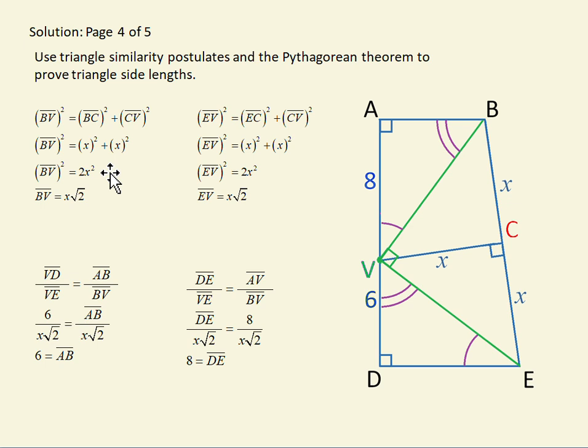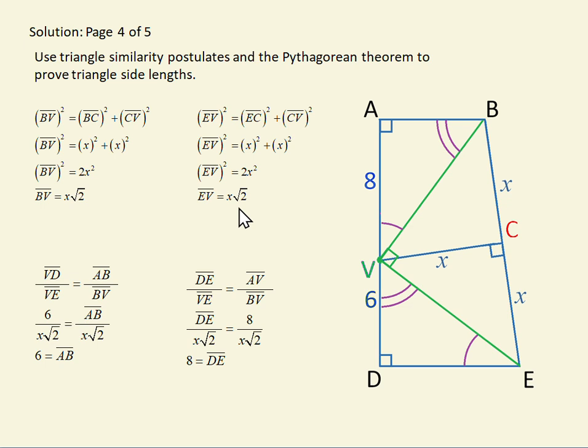We take the square root and we get BV is x square roots of 2. We do the same process for segment EV. Segment EV is this green diagonal down here at the bottom. It follows the same pattern because both the legs are x. So EV is also x square roots of 2, which is convenient as far as solving.